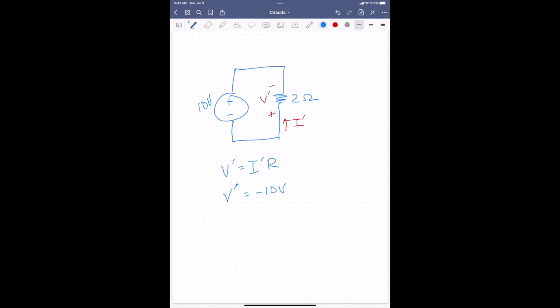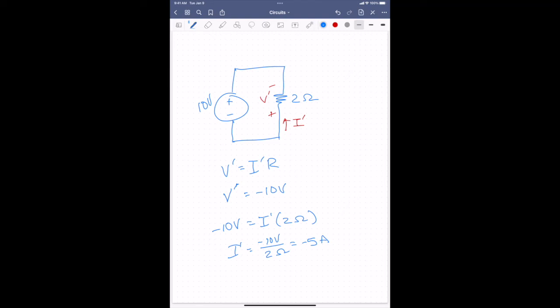Again, we've defined our voltage and our current so that the current is entering the positive side of the voltage. So we have V prime is equal to I prime R, and that gives us minus 10 volts is equal to I prime times R, which is 2 ohms. So I prime now is equal to minus 10 volts over 2 ohms, which gives us minus 5 amps.